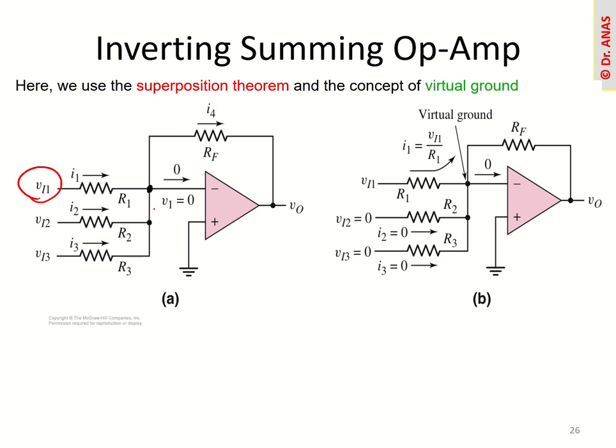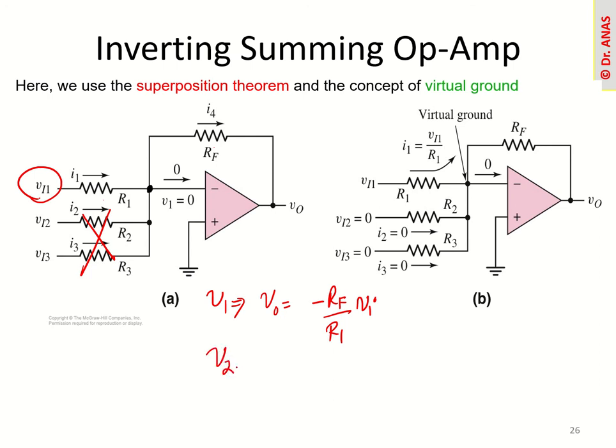First we take only V1. Then what will be the output? If we don't have the other inputs, this is just a simple amplifier, so it will be minus RF over R1 times the input, right? This is just the simple gain of the feedback resistance divided by the input resistance.